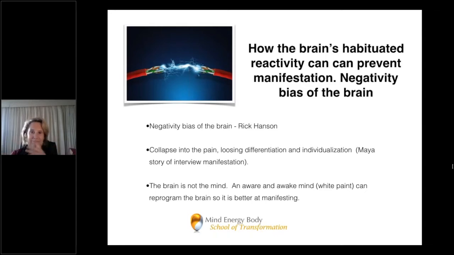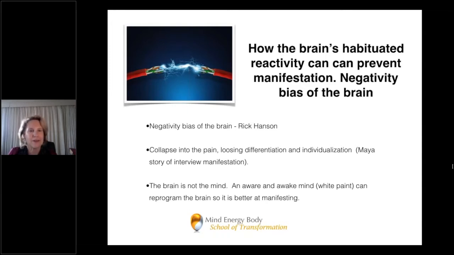If we didn't see it, we were eaten and died. And that negativity bias of the brain can lower your frequency, can make you collapse into the negative emotions of fear or negative emotions of victim, sadness, hopelessness, and will prevent you from manifesting what you want.